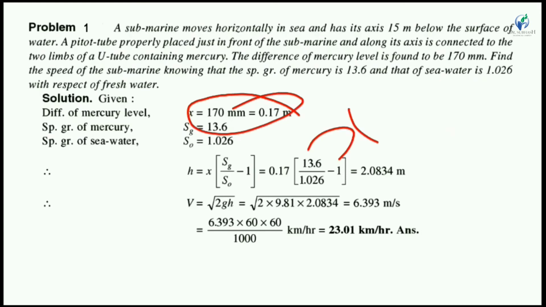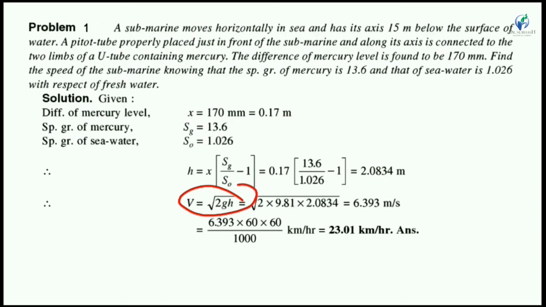Now we have to find the velocity of the submarine. We know the equation of the Pitot tube, from which we can find the velocity. So V is equal to the square root of 2gh. So we have to find the value of small h.